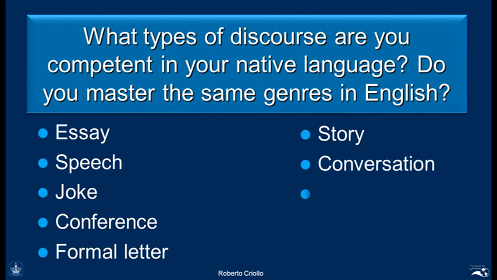Telling a story, holding a conversation, writing a poem, giving a lesson, or participating in a debate. So all of these are different kinds of discourse, and speaking the language or being proficient in the language means that we can master all of these kinds of discourse. So discourse competence, as you can see, is a very important element in language proficiency.